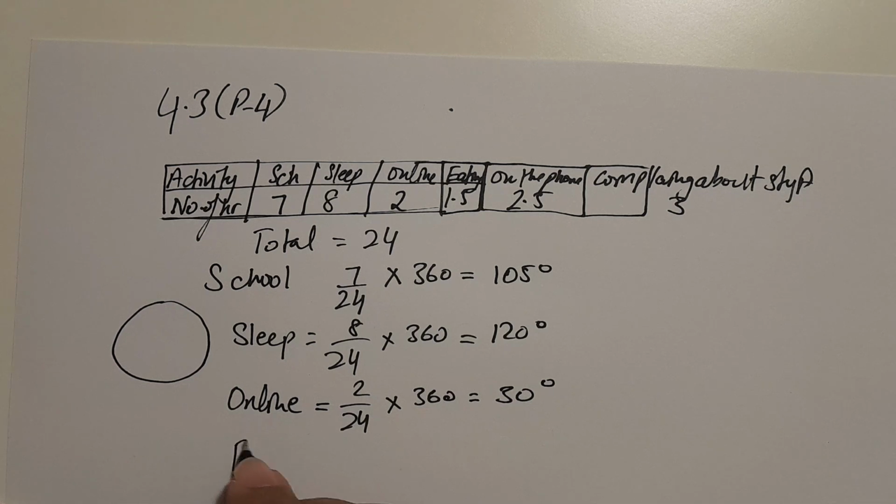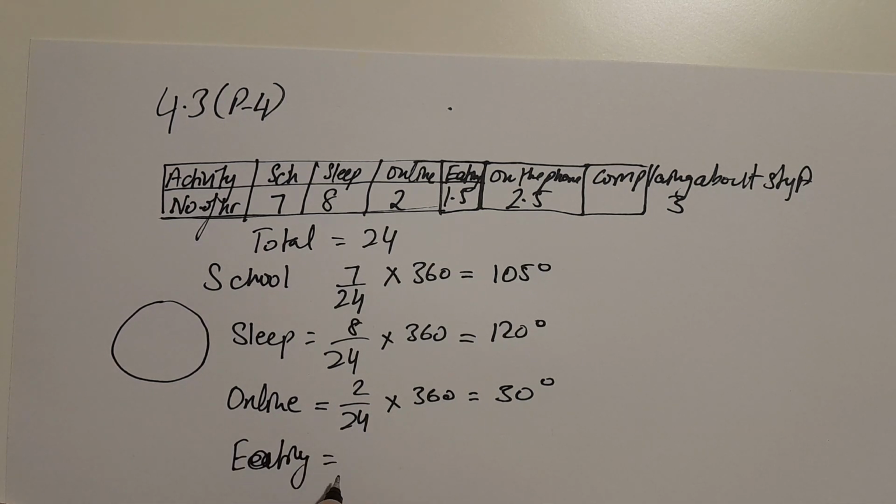Then for eating, which is 1.5 hours, that is 1.5 over 24 multiplied by 360, that is 22 and a half.